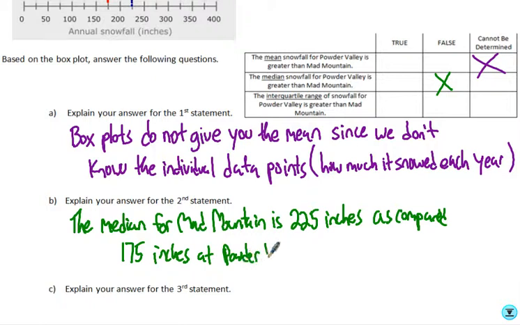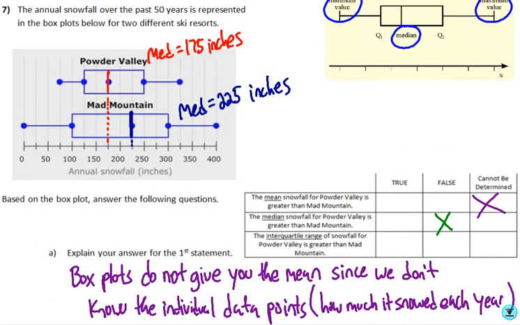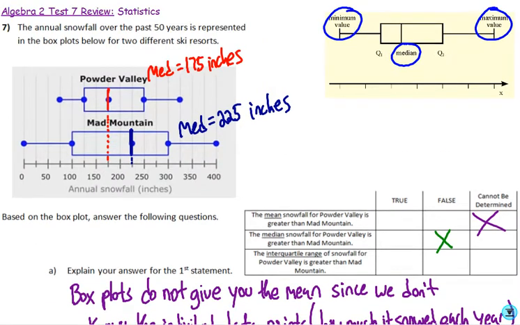And then the last question says the interquartile range of snowfall for Powder Valley is greater than Mad Mountain. Well, the interquartile range is a fancy way of saying the width of the box. It's this distance right here. So it would be Q3 minus Q1.